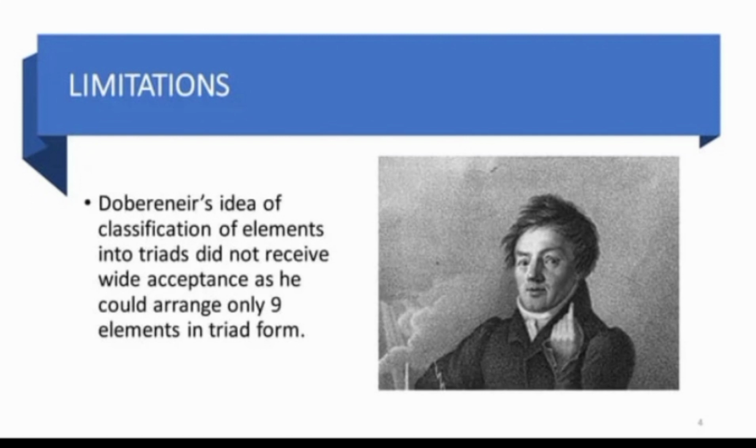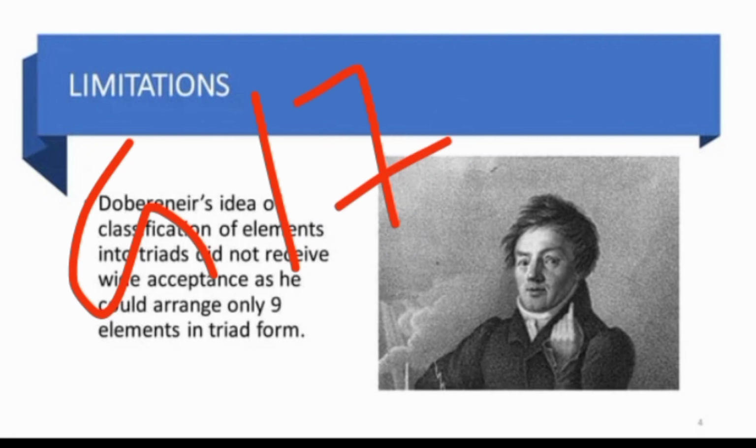It was applicable to very few elements like chlorine, bromine, iodine; calcium, strontium, barium; and lithium, sodium, and potassium. So there were certain elements to which his establishment was applicable, but not all the elements. The law did not fully apply even within the same family sometimes. For example, the group 17 halogens.